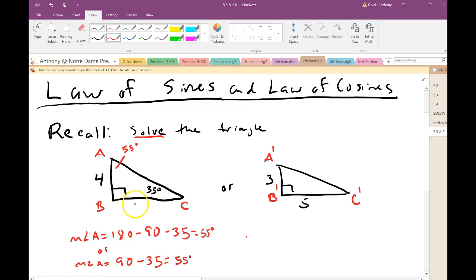Let's say this side that's opposite angle A, typically we name those with the lowercase letter a. How would I find that side, little a?